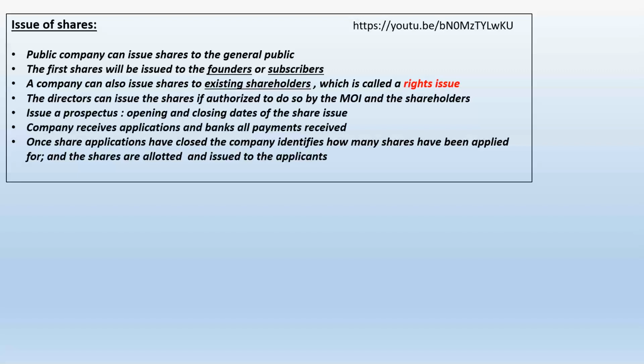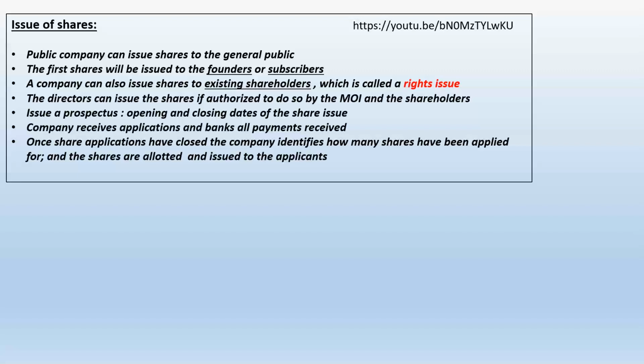Now we can also make sure that we're not going to encounter a shortfall by making use of a so-called underwriter. Only banks and other financial institutions actually act as underwriters of a share issue. Now, what is an underwriter?